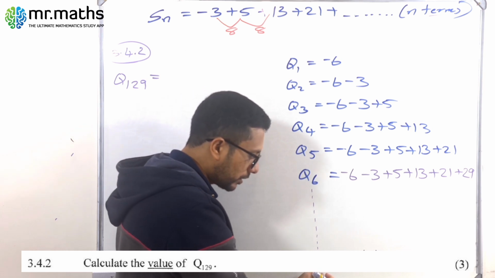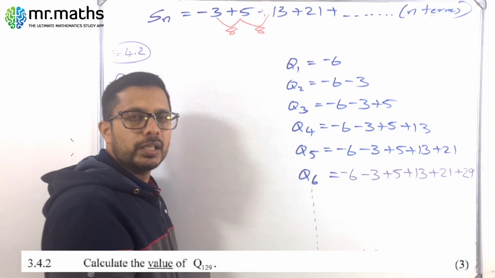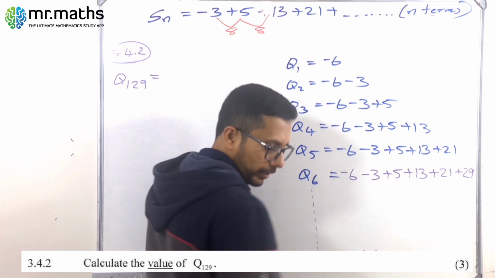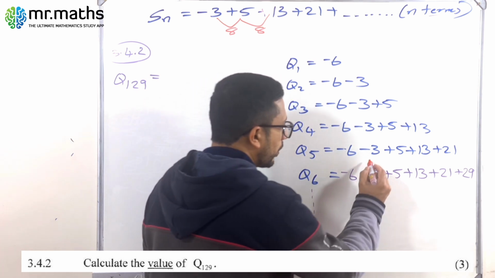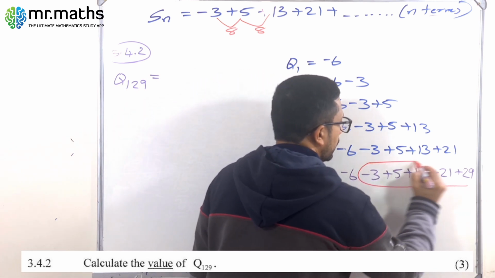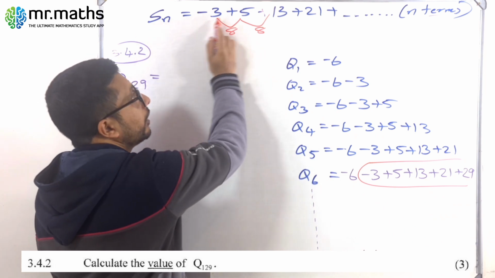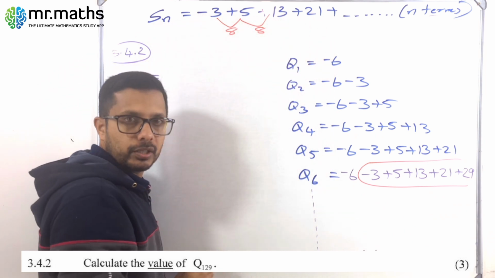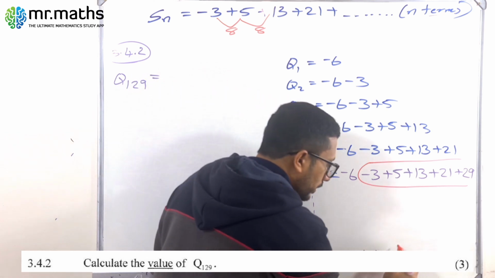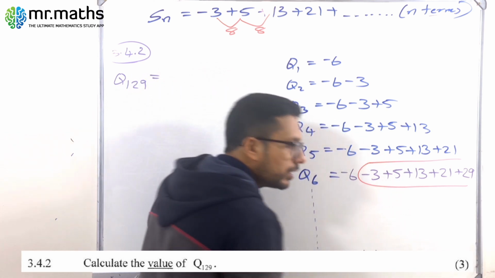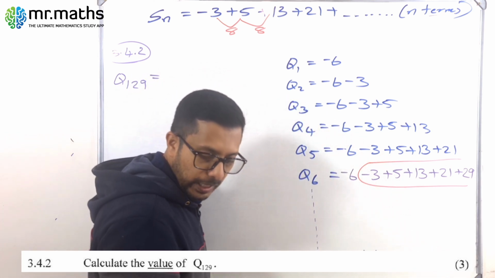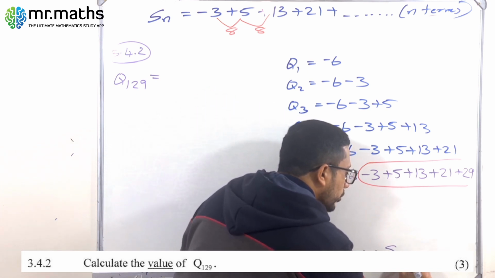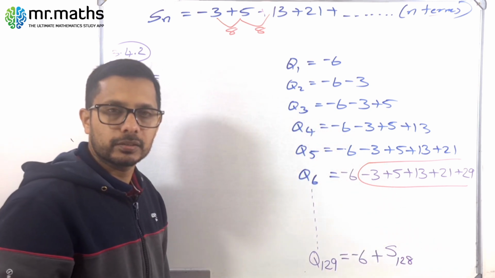Okay, plus 128 terms. Is it not that 128 terms from here, for example here you can see that this is actually Sn? Minus 3 plus 5 plus 13 plus 21. So similarly these remaining terms here are from Sn, and from that Sn how many terms remaining? It is 128 terms.